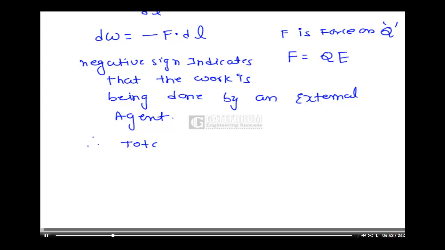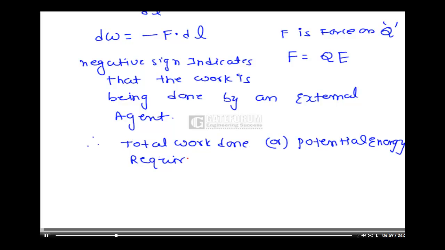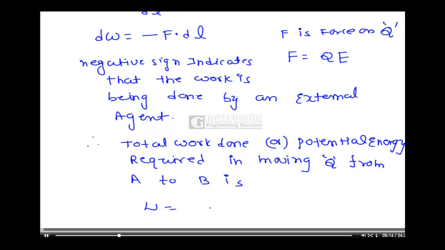Therefore, the total work done, which is also known as potential energy, required in moving Q from A to B is: total work W is equal to the integration of minus F dot dl from A to B. So the total work done is minus the integration from A to B of F, which is QE, dot dl.